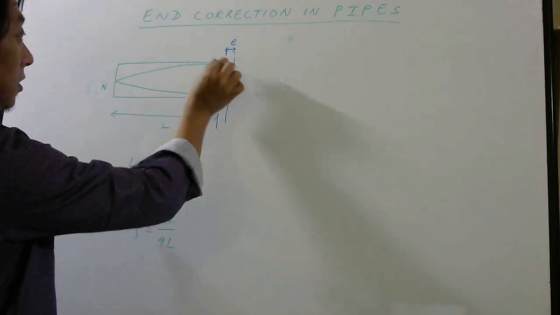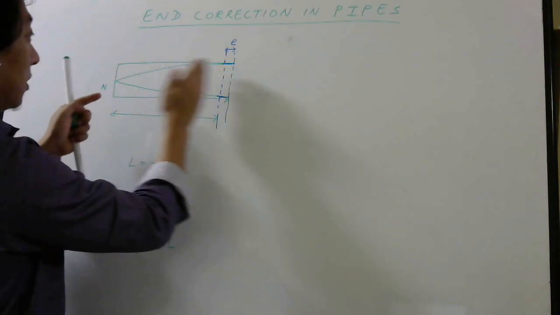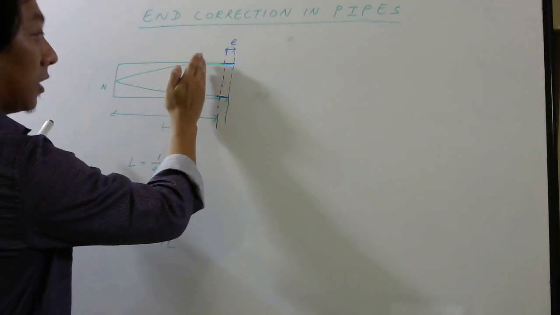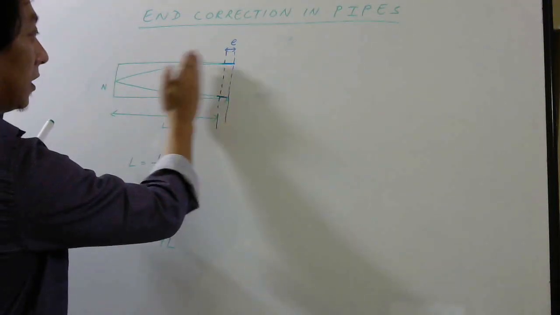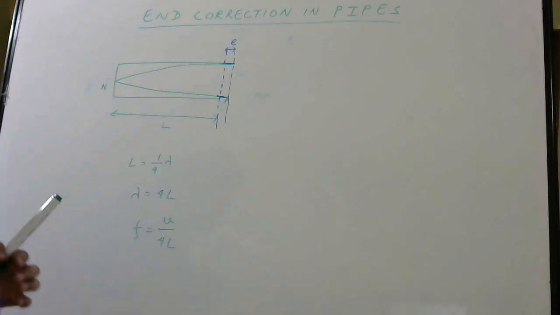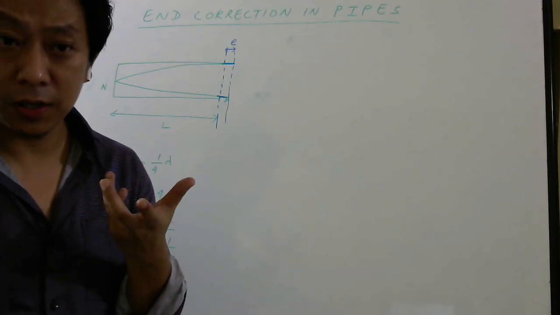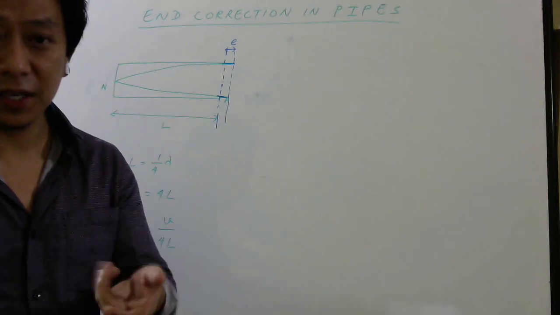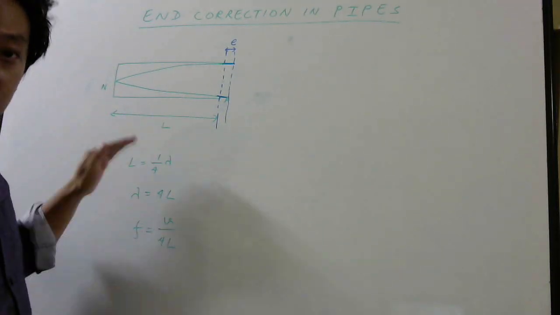This tells you how much further the air can go while oscillating back and forth, and that has to be considered while writing this formula if you want the exact one. So if end correction is asked to be neglected in the question, then you can live with this formula.